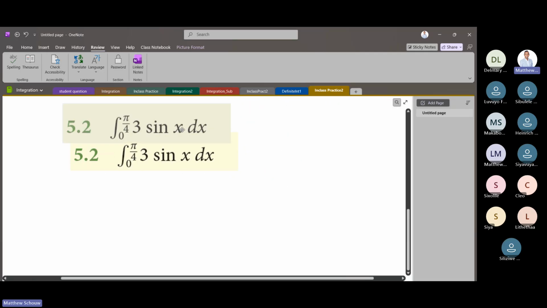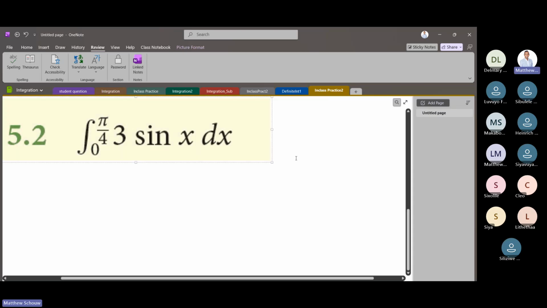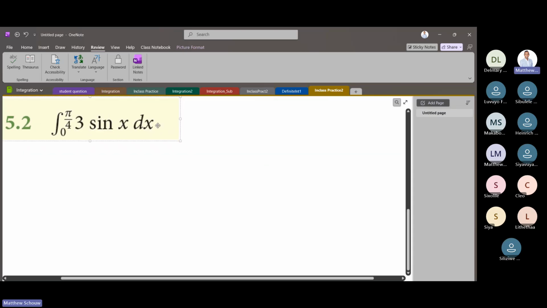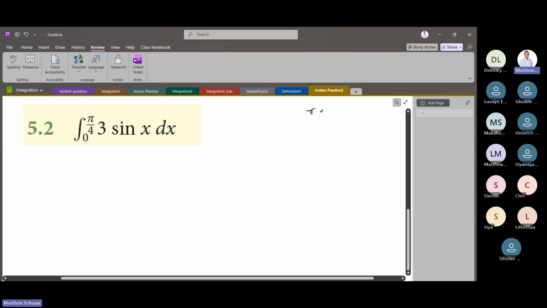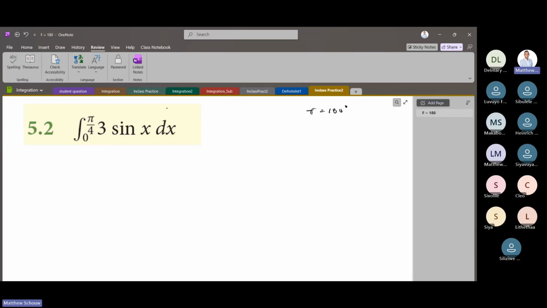And bear in mind, like I said to you, pi is equal to 180 degrees, right? So always remember that. What you're going to want to do is convert the radians into degrees in this case. Pi will be simply 180 divided by 4, which will consequently give you 45 degrees.